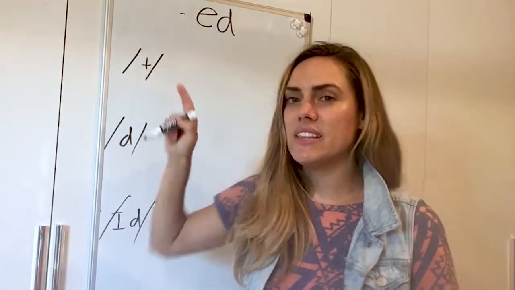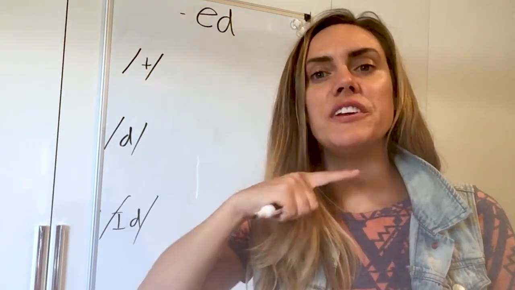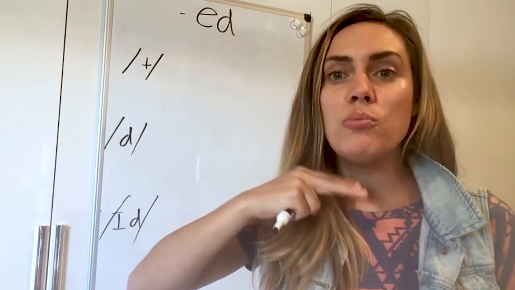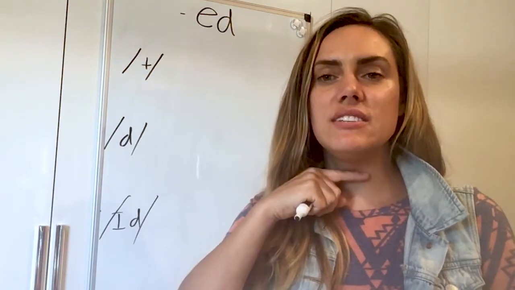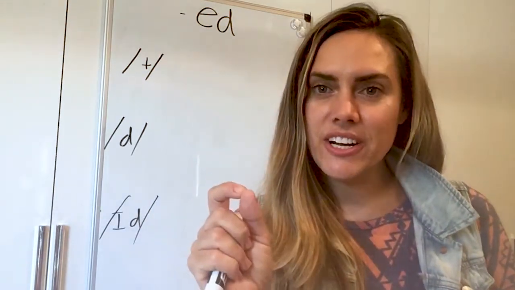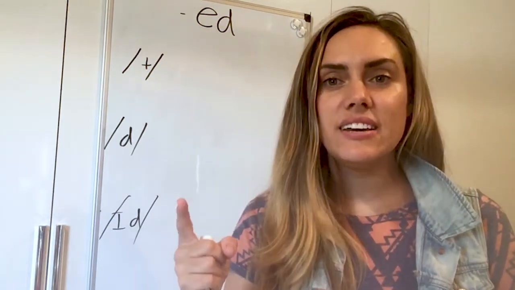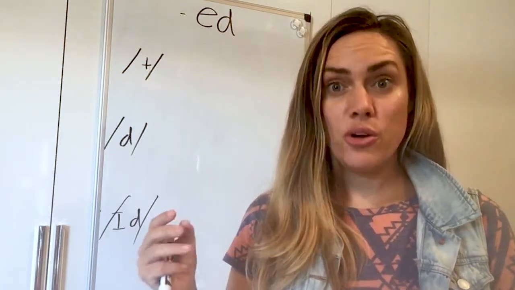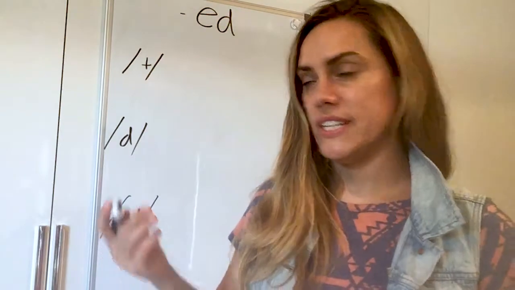So let me tell you when you're going to use the t sound. You're going to make this sound t, which is a voiceless sound. If you put your finger right here and go t, t, t, there should be no movement. That means it's just air coming out, okay? So any letter that also is voiceless, like k, p, f, sh, s, those sounds are also voiceless, okay?